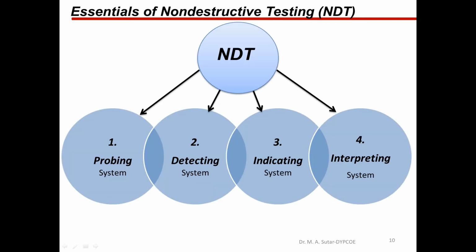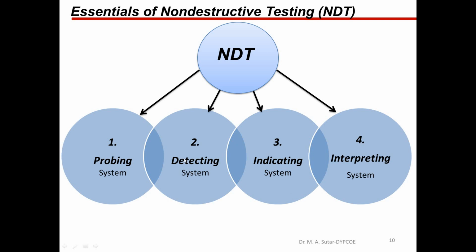Again, whenever we are talking about any NDT method, it may be RT, it may be PT, it may be UT, it may be any NDT method, it can have these four components. The first component is the probing system. It is related to the medium which is used to probe the faults. The second is the detection system.